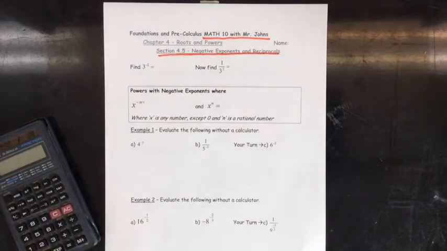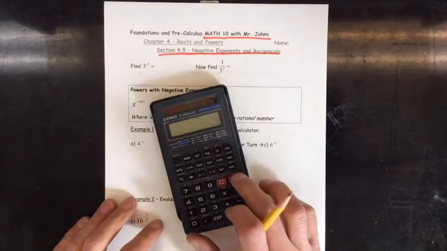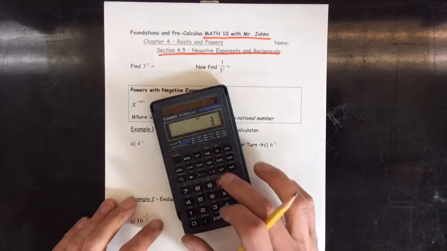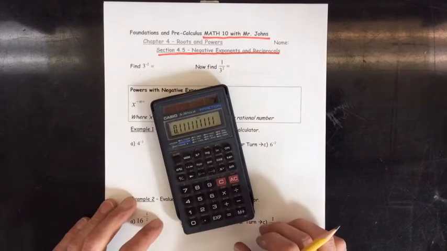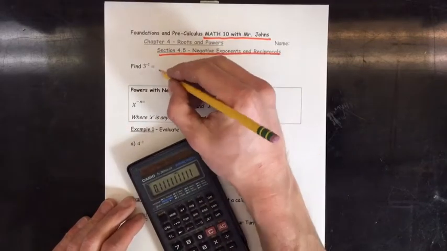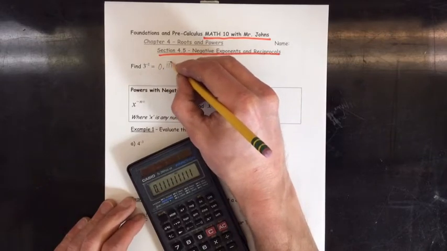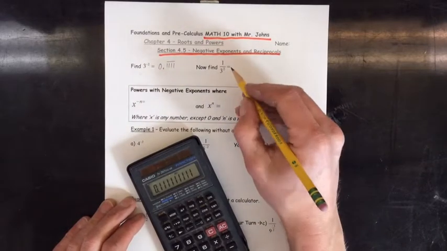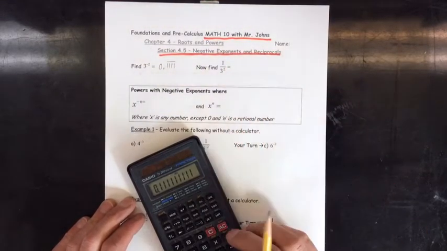So the first thing I do is I ask you to find what 3 to the power of negative 2 is on your calculator. If I take 3 to the power of negative 2, I get 0.1111. Well, if I take 1 divided by 3 squared, what does that equal?